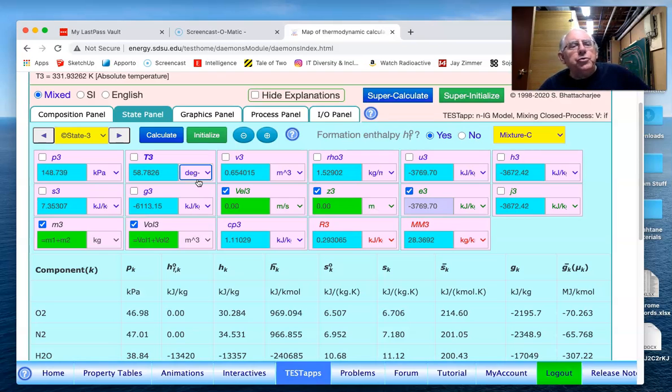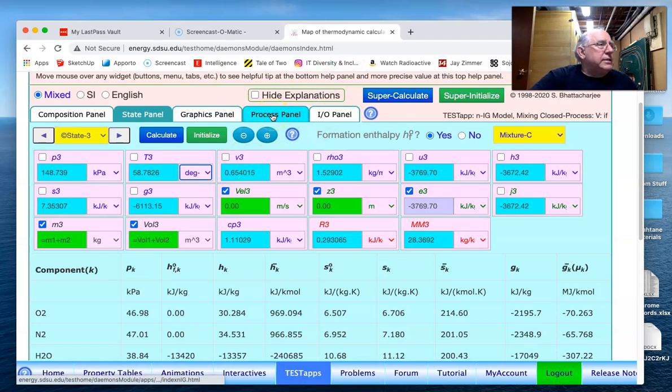Now, in order to calculate the answer to part B, we still have the same initial mixtures, mixture A and mixture B. We still have the same final mixture, but we're going to set up a new process.